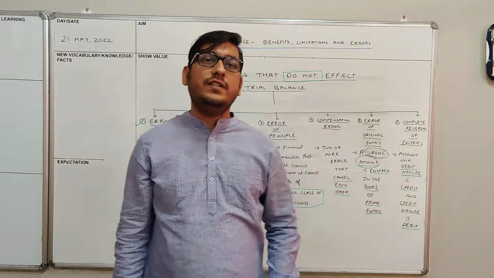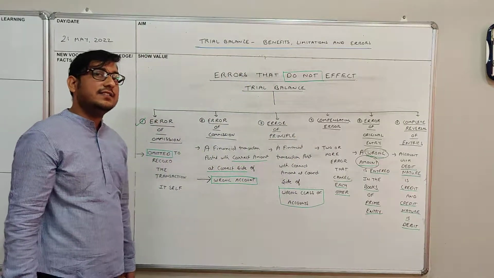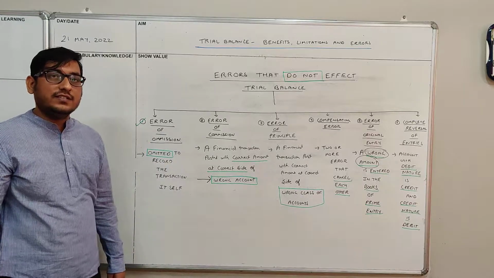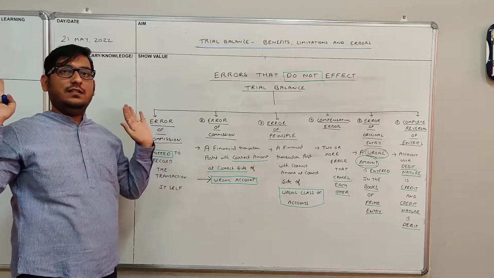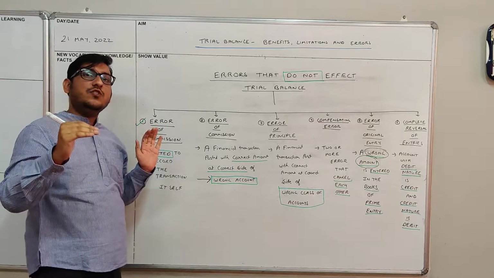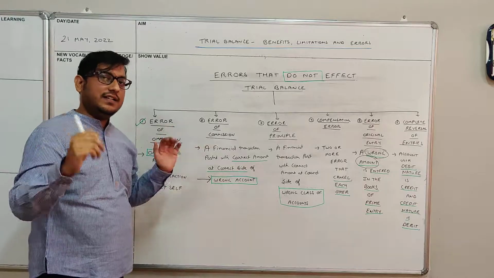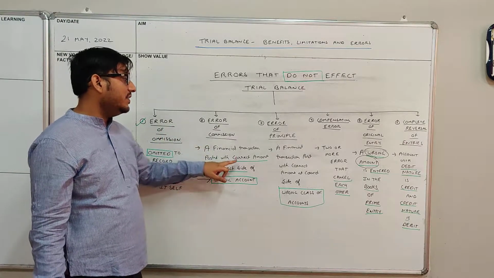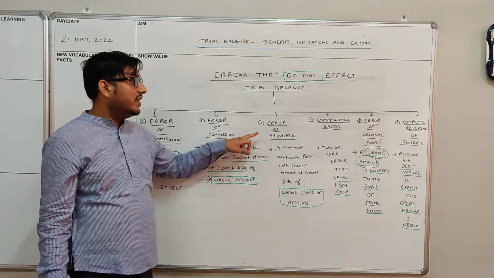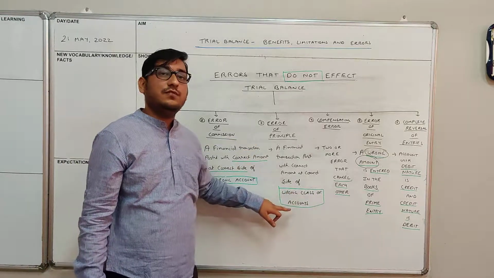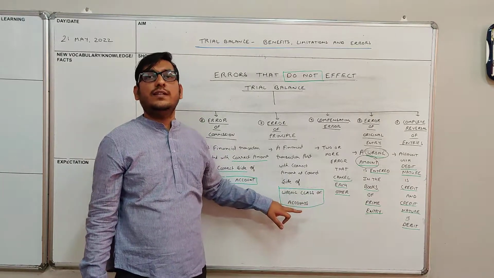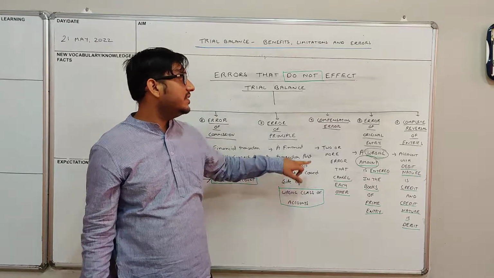There are 6 types of error. Let us recapitulate all the errors once again. The error of omission, that is we completely omitted to record the transaction. This will not have any debit or credit side. Error of commission, that means correct amount on correct side but in the wrong account. Error of principle, wrong class of accounts: capital expenditure is treated as revenue expenditure and revenue expenditure is treated as capital expenditure.